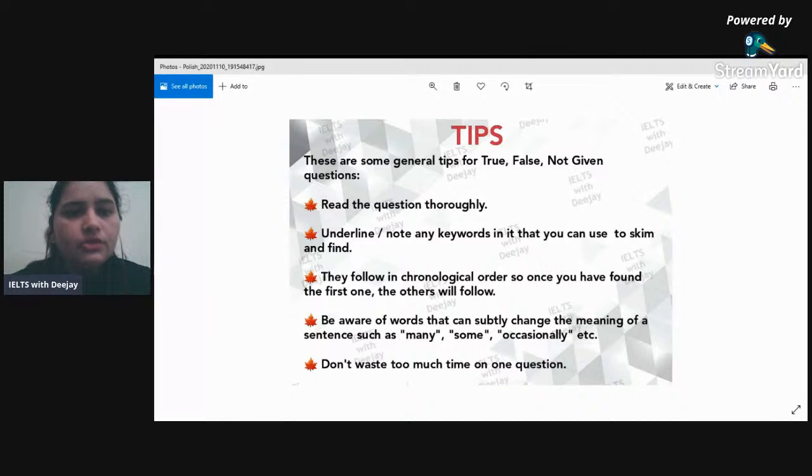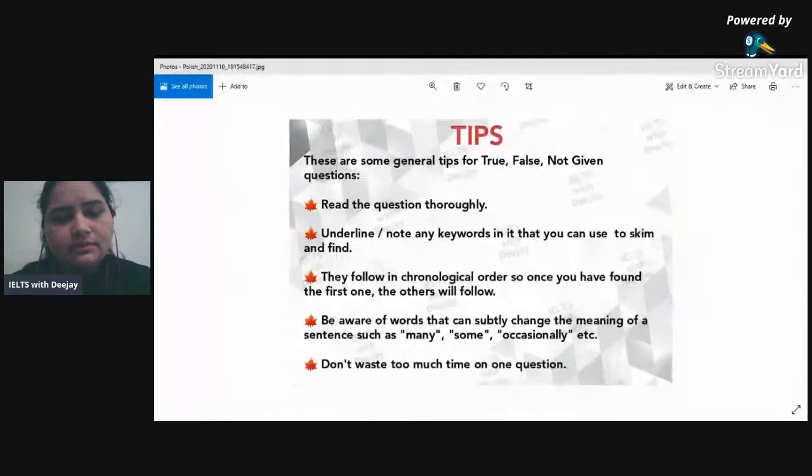First of all, you need to read the questions thoroughly. You need to understand what the question is asking, because if you're not able to understand the question, you will not be able to answer it. Second, underline and note any keywords that you can find so that you can skim and scan to find that information, and then read and understand what information is given and how you need to find the answer.